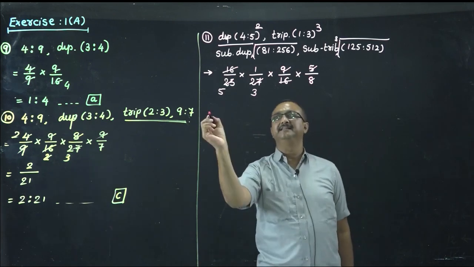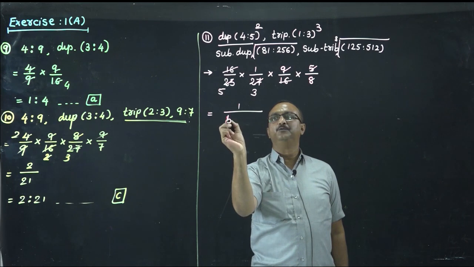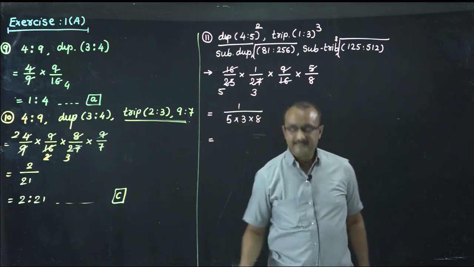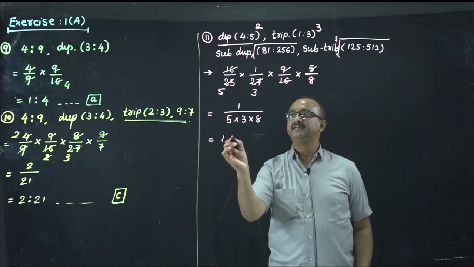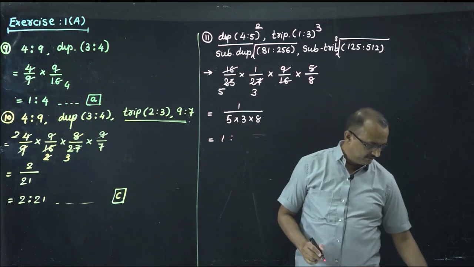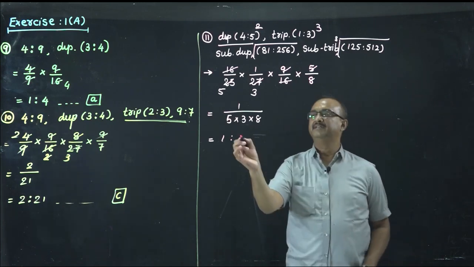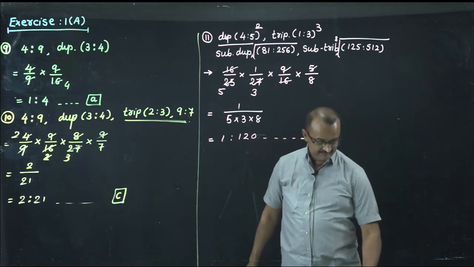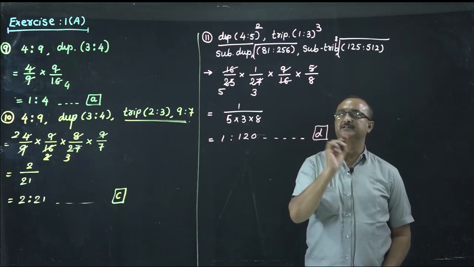So our answer is 1 by 5 into 3 into 8, which is 1 is to 15 into 1 is to 120. See, 1 is to 120 is not given, so D is our correct answer, none of these.